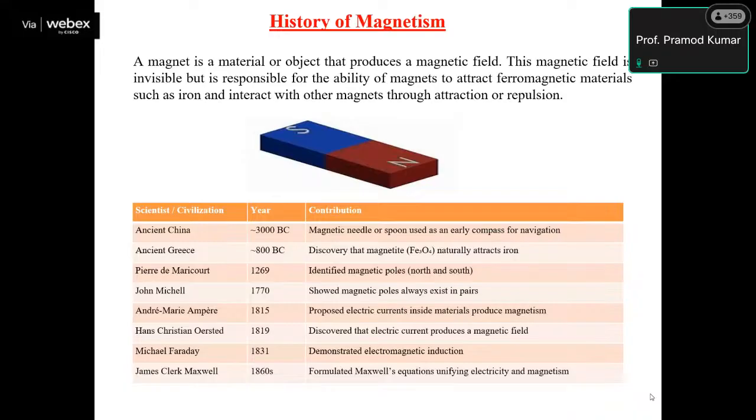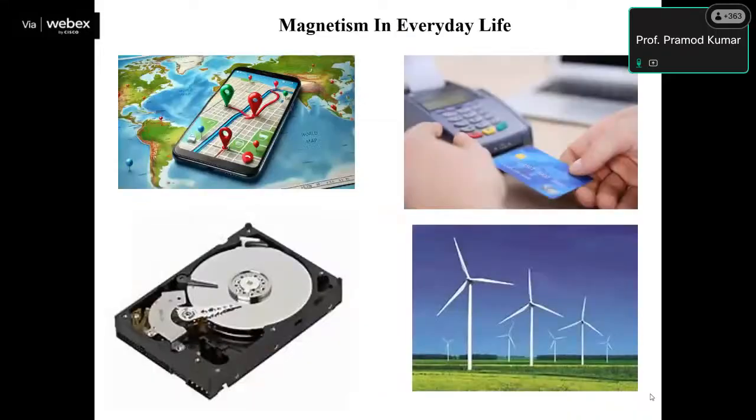Before that, here is a small history about the origin of the magnet. It started very long back, around 3000 BC, when people made the compass for navigation. After that, they found iron oxide, which naturally attracts iron. Step by step, people moved to an advanced stage and found several other unique properties in magnetic materials.